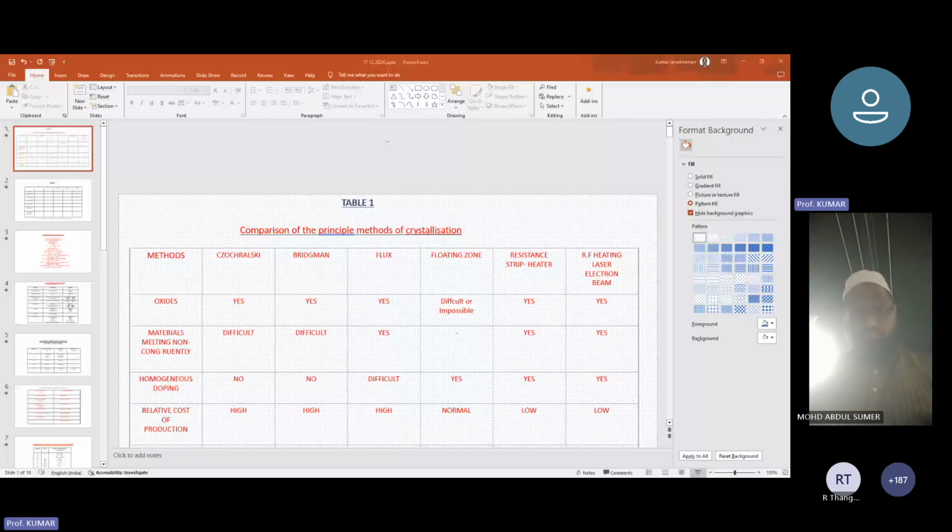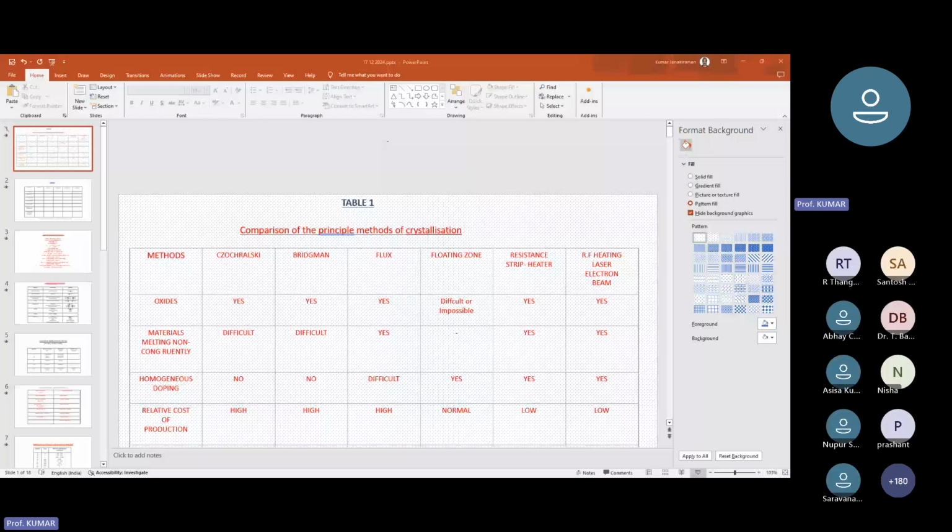If it is between 10 to the power minus 2 to 10 to the power 6, you define that material generally as a semiconductor. In some cases, that property will be slightly varying. For example, if it is a semiconductor with high insulating character, then the resistivity will be of the order of 10 to the power 7 or more at room temperature.